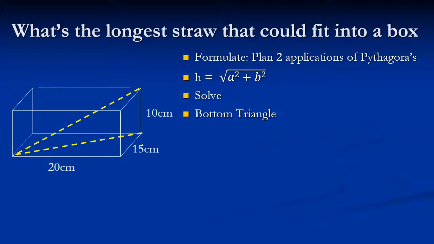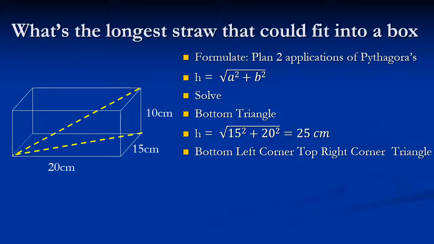So let's solve that. We're going to look at the bottom triangle. So what's 15 squared and 20 squared? Well, we know that 15 squared is 225 and 20 squared is 400. That'll add to give 625. The square root of 625 is 25. So we know the bottom one now is 25 centimeters.